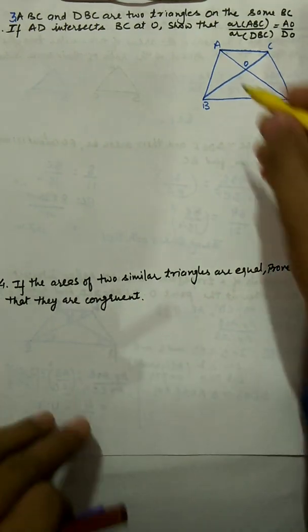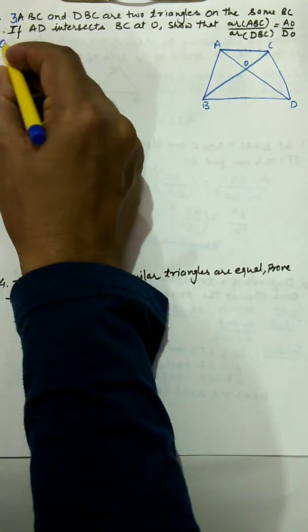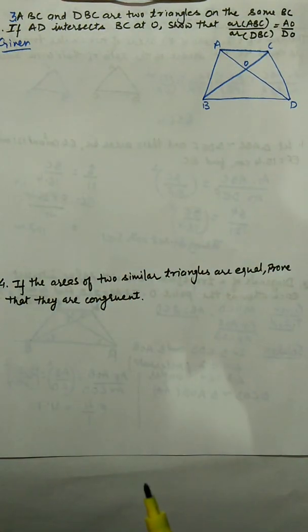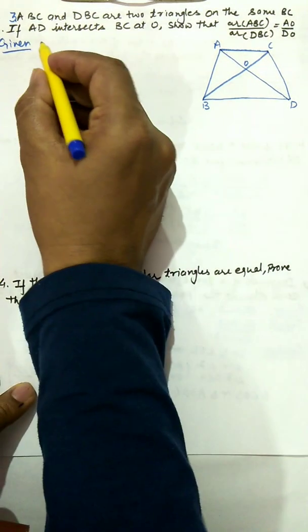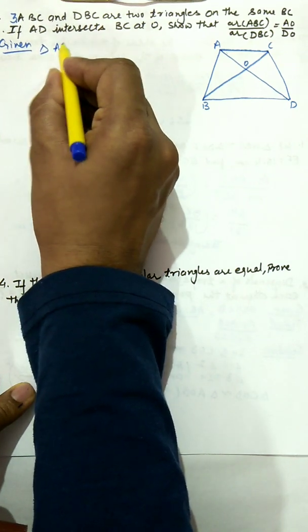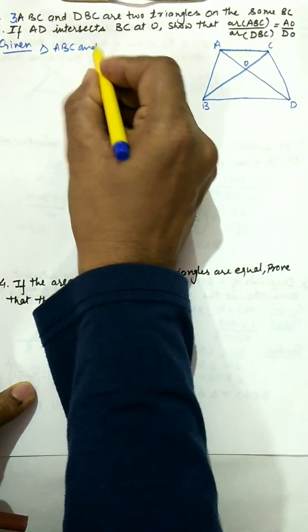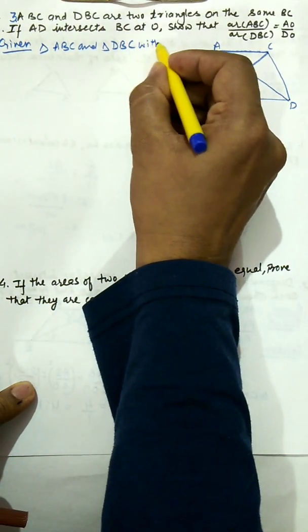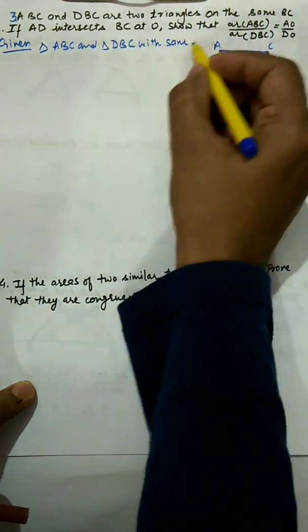So in this question we first have to write what is given. The given is two triangles, triangle ABC and triangle DBC with same base.